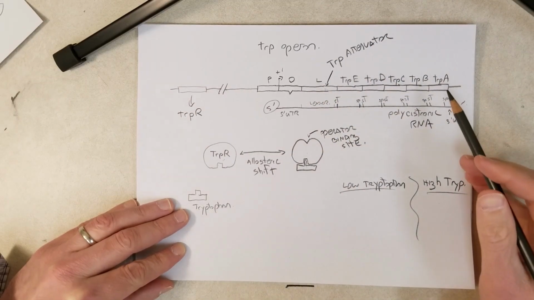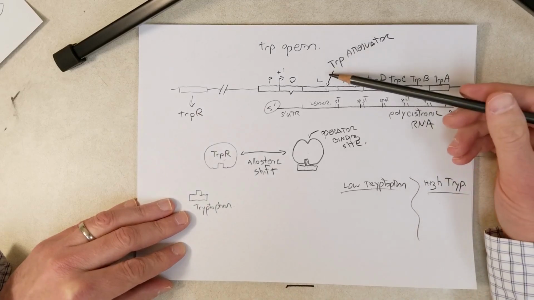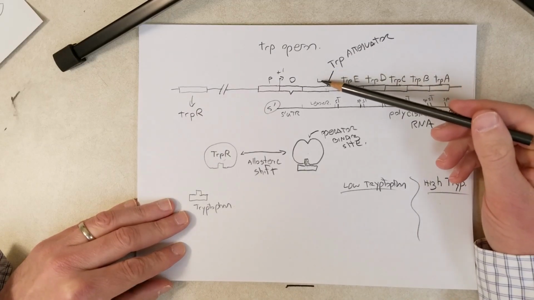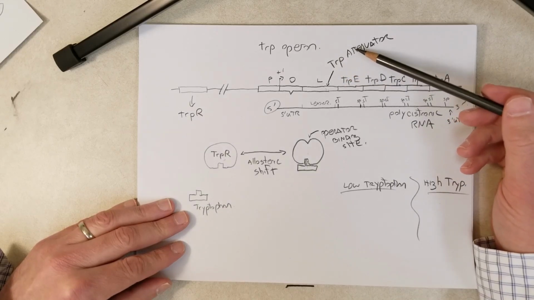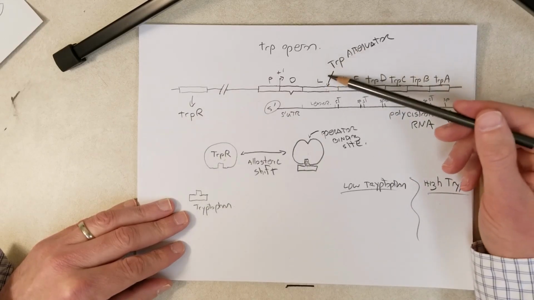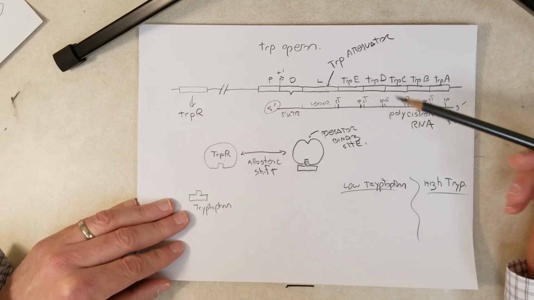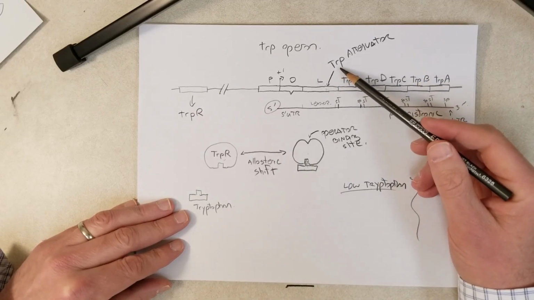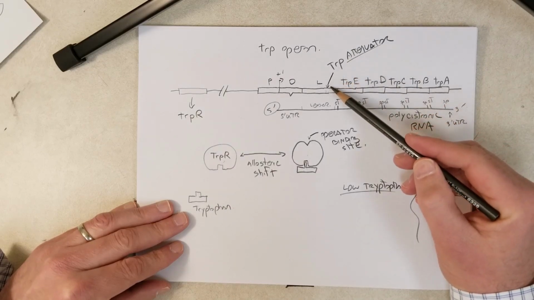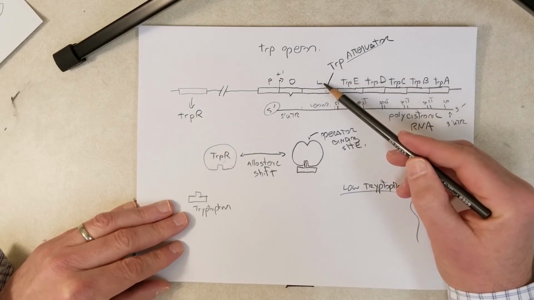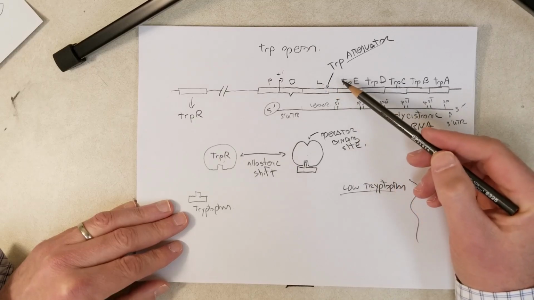And I believe in the notes I had said that let's just call the leader region and the attenuator region the same thing. We'll consider them one and the same. And that's fine for this course and for the exam. There are some researchers that consider a specific region of the leader region to be the attenuator, and I'll address that in a moment.